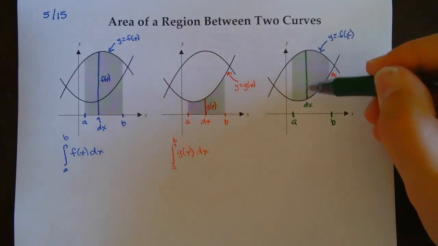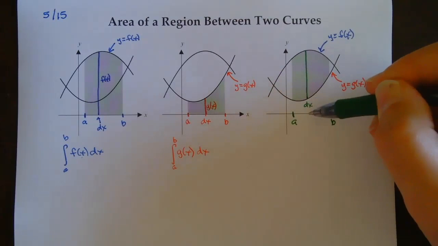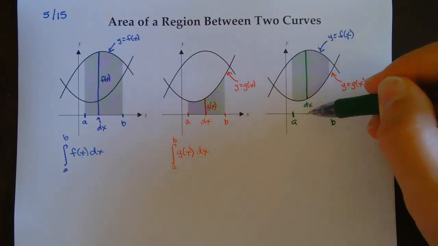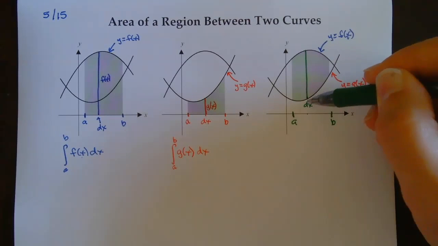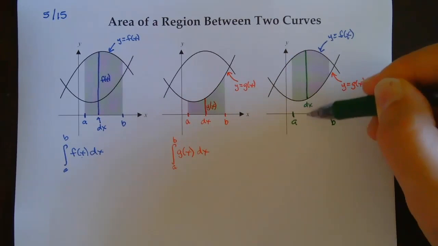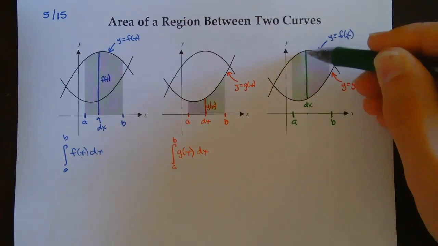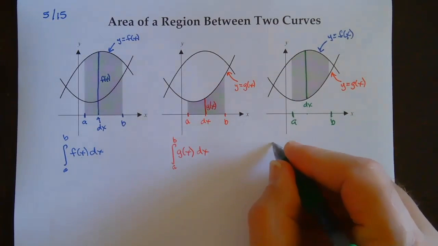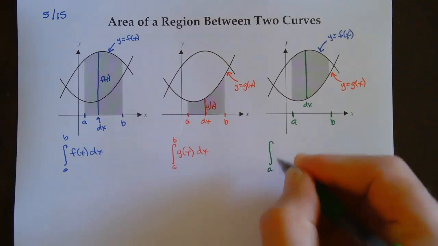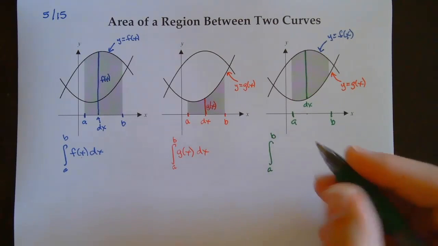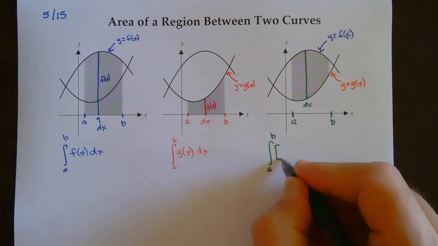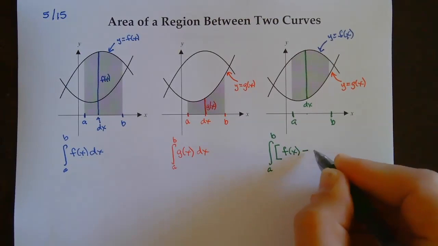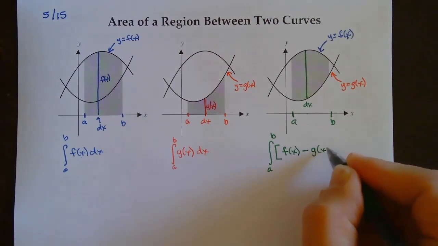Now, how long would this be? If from here to here is f of x, and from here to here is g of x, then if I took the whole thing and subtracted this part right here, I would have the length of this rectangle. So we're going to take the integral from a to b, and I'm going to put a bracket in here, of f of x minus g of x.